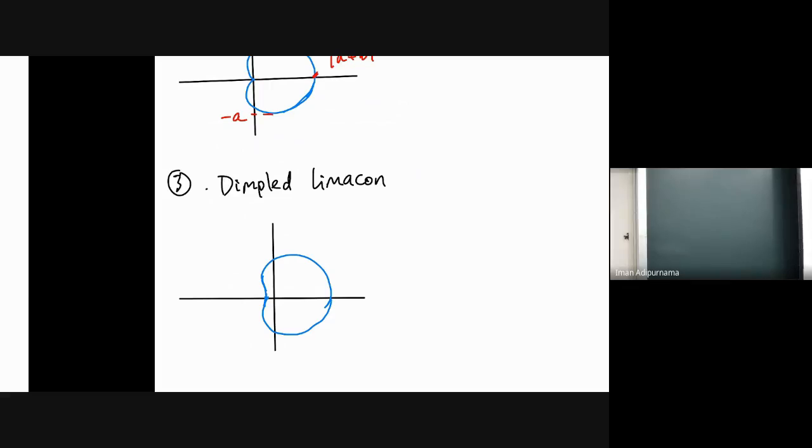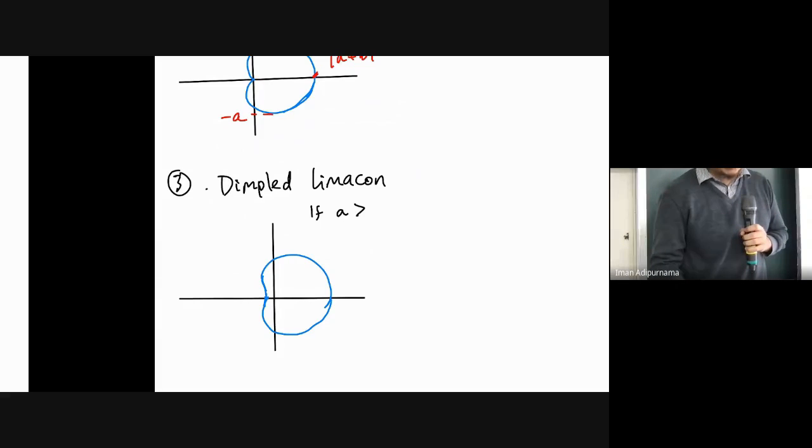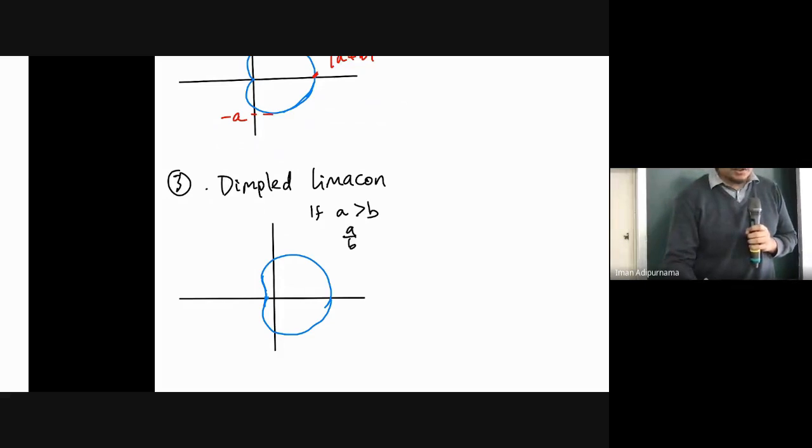The middle part is sharper, but the dimple is more blunt, right? It's not really that sharp. Okay? This is if A is greater than B, or A over B greater than 1.